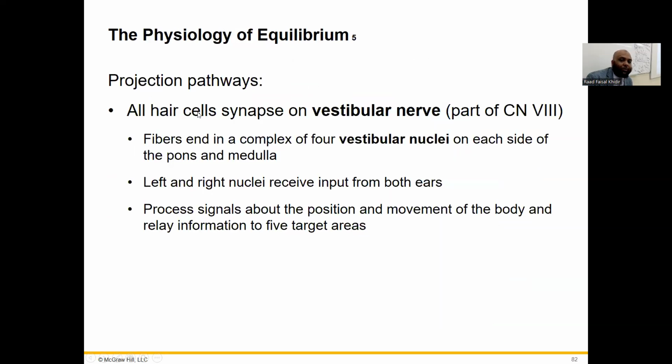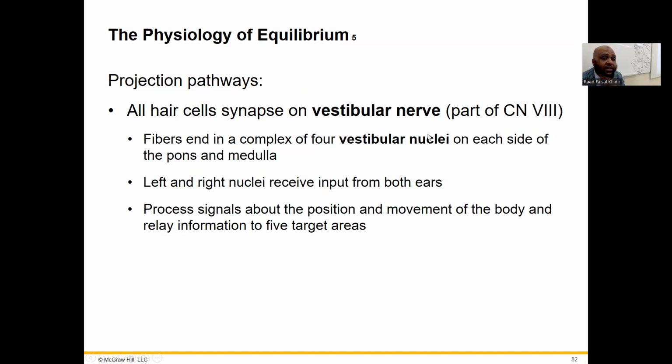So the projection pathways: how do we project that the chair is spinning? How do we project that we are standing up in an elevator? All the hair cells are going to synapse on the vestibular nerve. That's not the cochlear nerve because we're not dealing with hearing. This is the vestibular nerve since we're dealing with equilibrium.